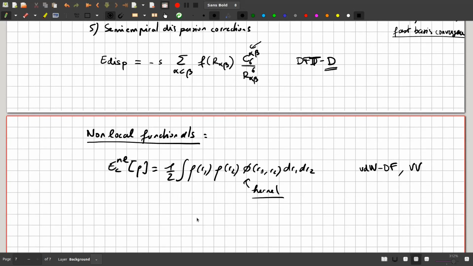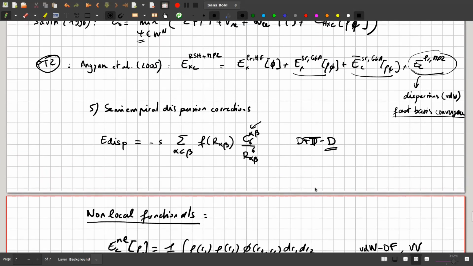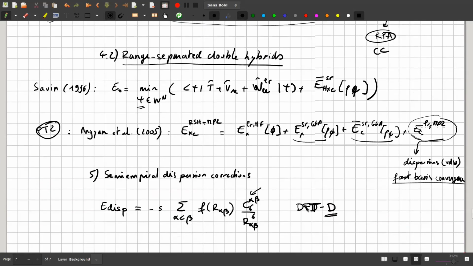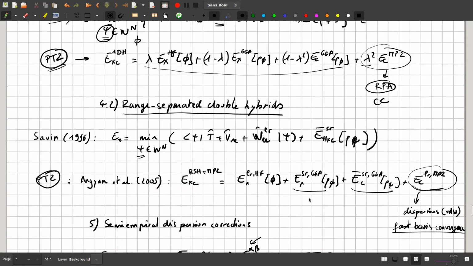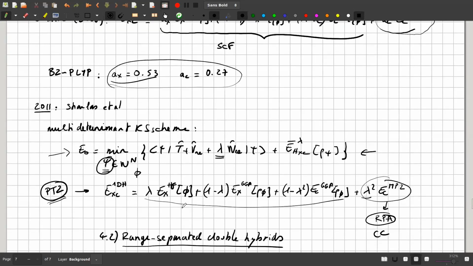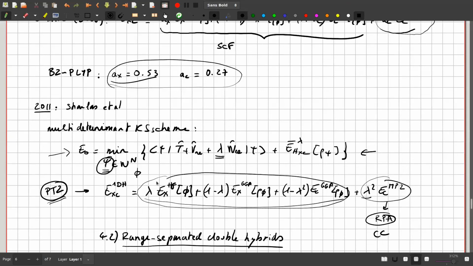I see that there is one question. To compute the MP2 energy here, do we use the normal equation of MP2 based on Hartree-Fock orbitals, or are there other equations for MP2 energy using Kohn-Sham orbitals? Yes, so we don't use the Hartree-Fock orbitals. If I take here the expression, we first do this calculation self-consistently.